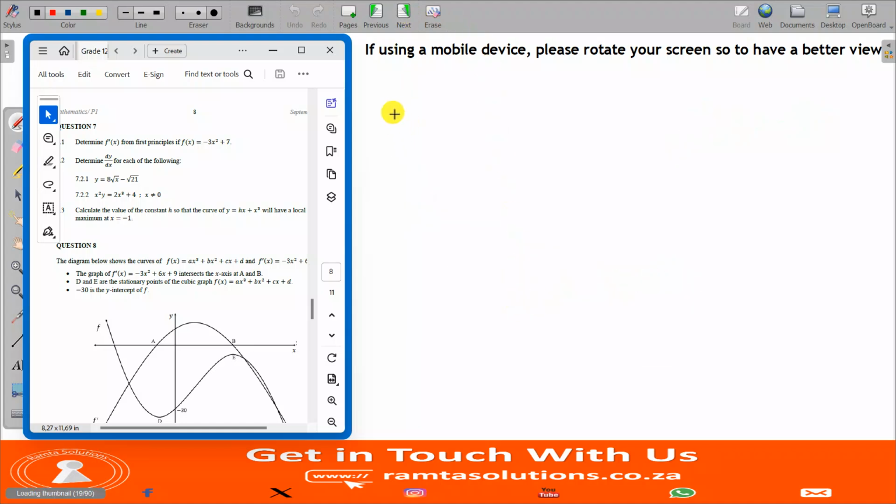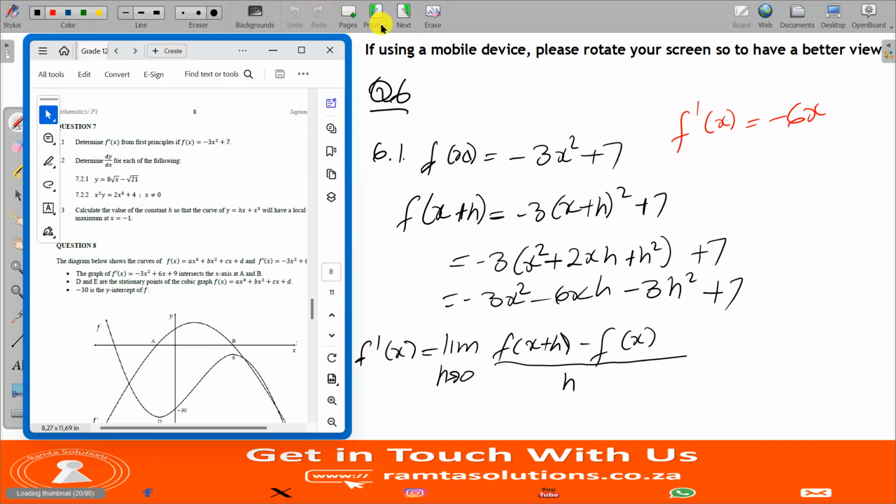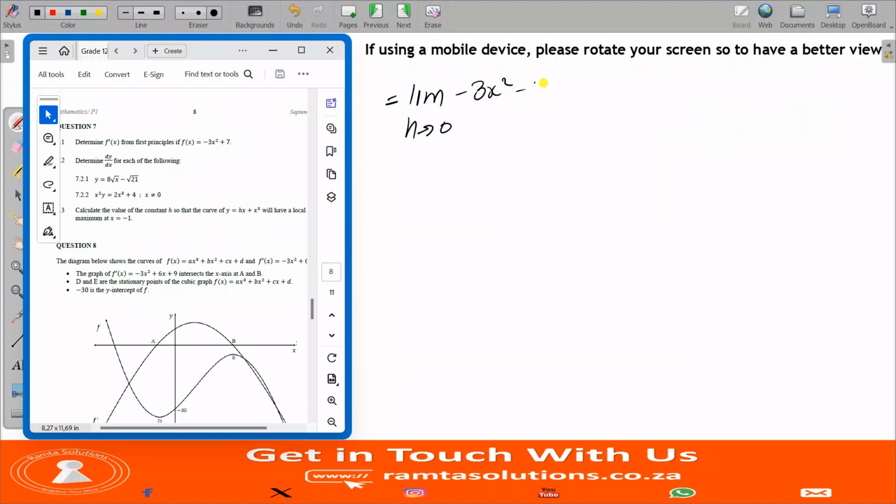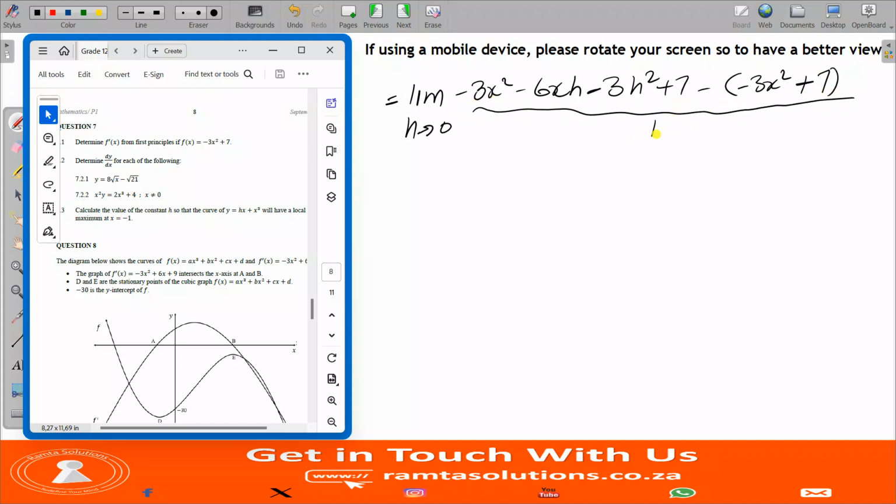So the limit as h tends to 0 of negative 3x squared minus 6xh minus 3h squared plus 7, minus negative 3x squared plus 7, all over h.